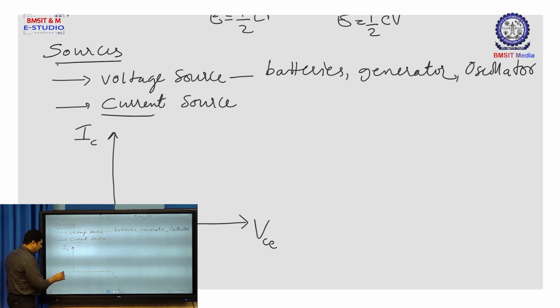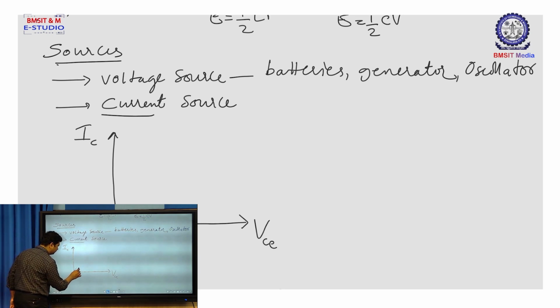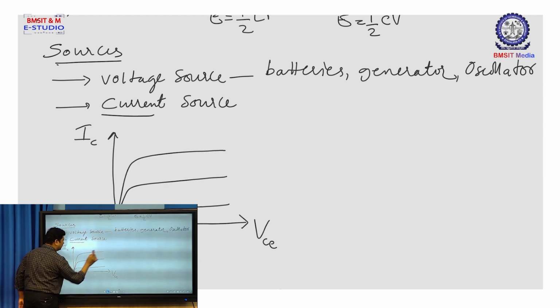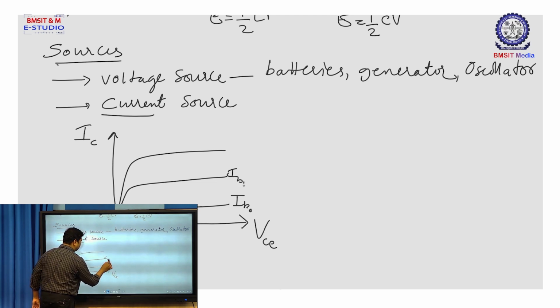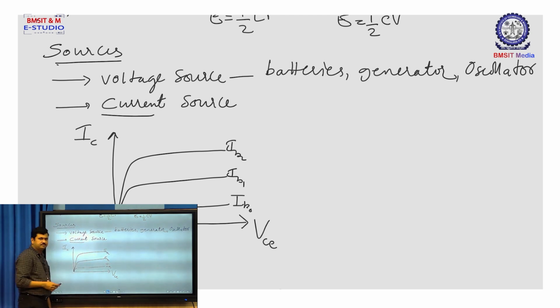Now, when I plot the characteristic for various base currents, we get a set of curves, of this nature. Let me call this IB0, let me call this IB1, let me call this IB2, and so on.